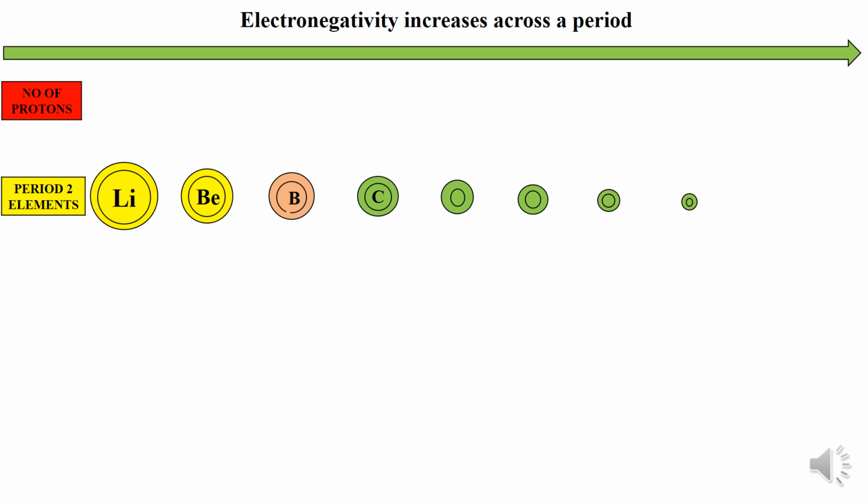So what about the number of protons for the period 2 elements? 3 in case of lithium, 4 in case of beryllium, 5 protons in boron, 6 in carbon, 7 in case of nitrogen, 8 for oxygen, 9 for fluorine, and a total of 10 nuclear protons in case of the noble gas neon.